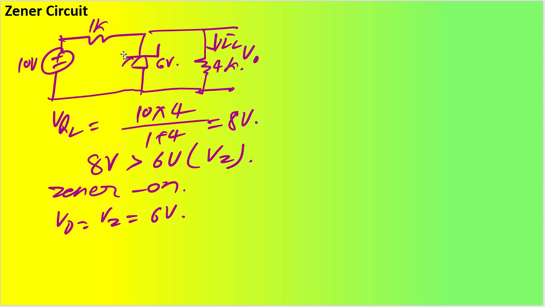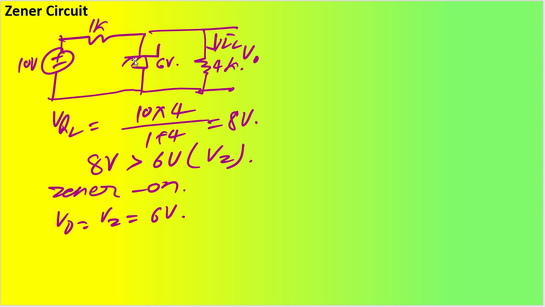So assuming that Zener was off, we calculated the voltage across load resistance, that is 4 kilo ohm, and which is going to be 8 volt. However, since 8 volt is greater than the knee voltage of the Zener diode, the voltage will be clamped to 6 volt, and this 6 volt will be the output voltage of the particular circuit.